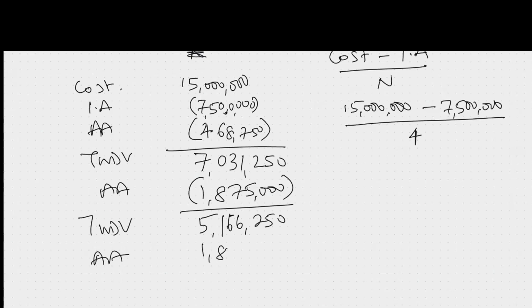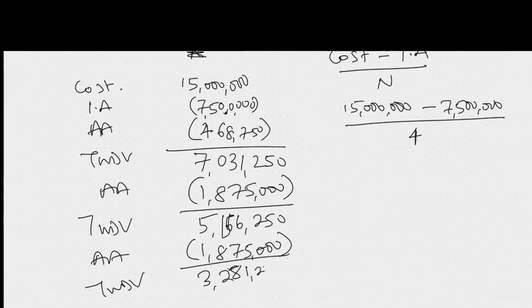AA is constant. What do you have? 3,281,250 naira. Thank you.